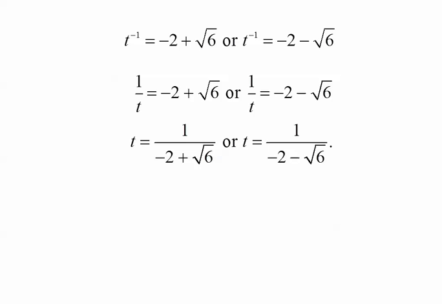So we're going to have to flip our solutions: 1 over -2 plus the square root of 6, or 1 over -2 minus the square root of 6. Check those. See if they work. You should rationalize the denominators too. You shouldn't leave radicals in the denominator.